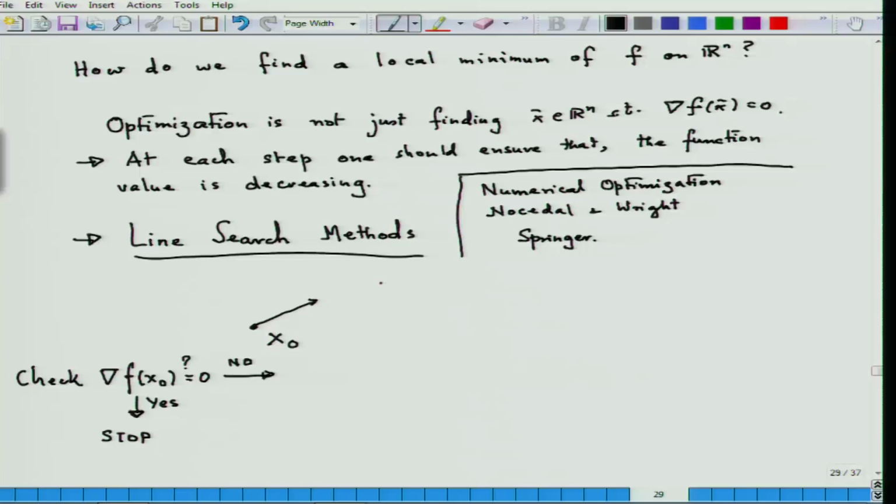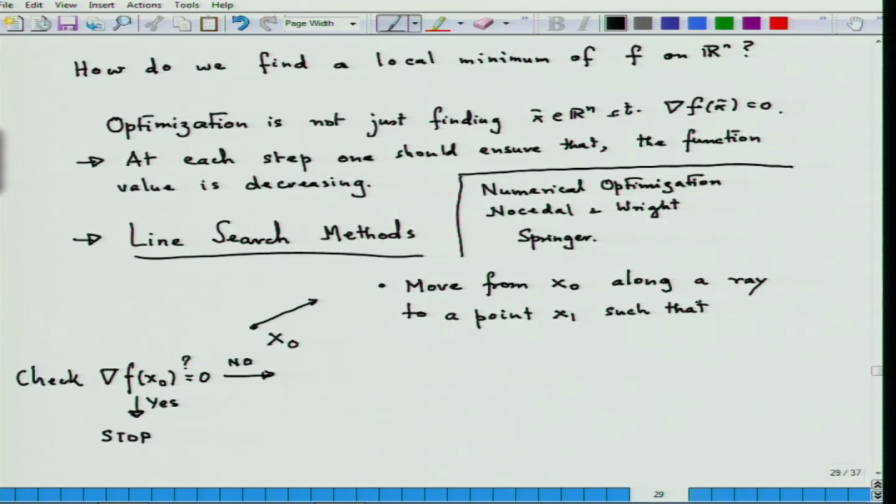So, the policy or the strategy is to move from x naught along a line, not really along a line but along a ray, if that makes you comfortable, to a point x1 such that f of x1 is sufficiently less than f of x naught.